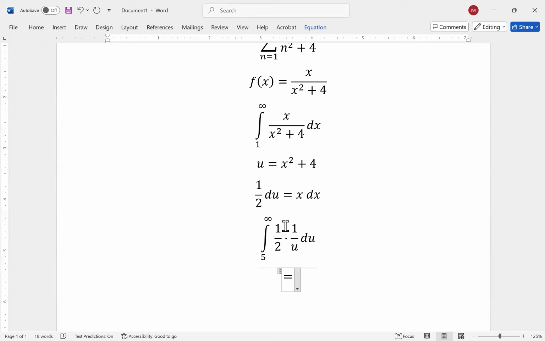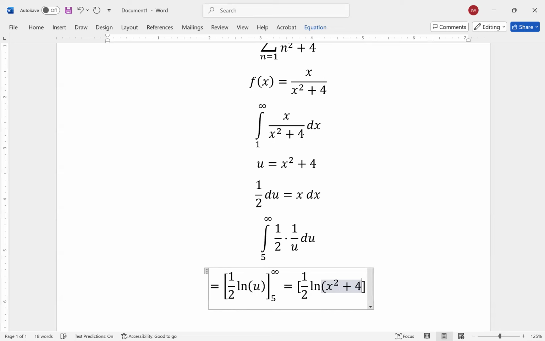So in any case, I get 1/2 times the natural log of u. I would be plugging in 5 out to infinity if I'm going to plug in u values. Or when I rewrite that, I'd probably use x values.